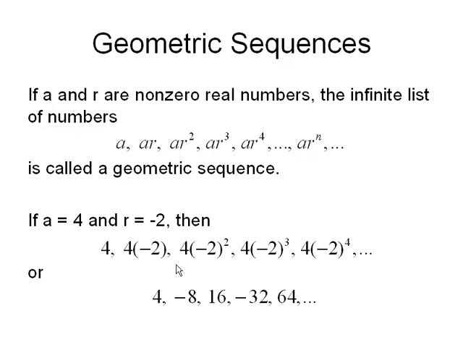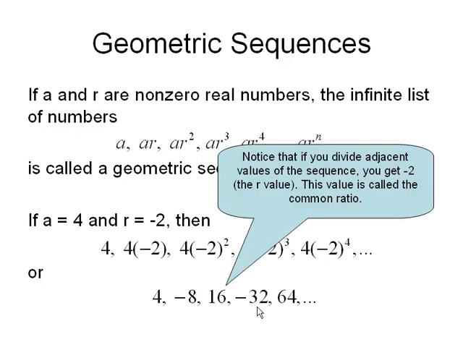If we work out those values, we'd have 4, -8, 16, -32, 64, and so on. What you'll notice is there's a starting point, and every number after that is just the previous one multiplied by -2. So that number -2 is called the R value, or the common ratio.